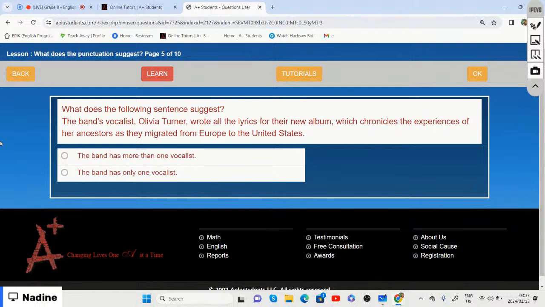So now we need to say what it suggests: that the band has more than one vocalist, or that the band has only one vocalist.